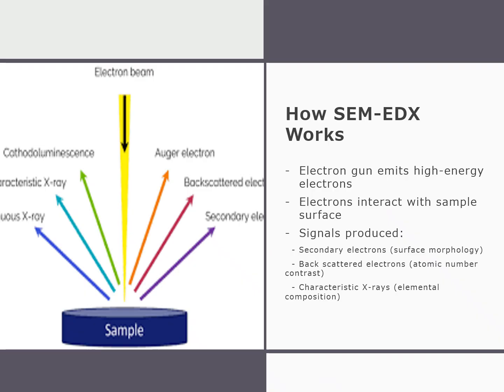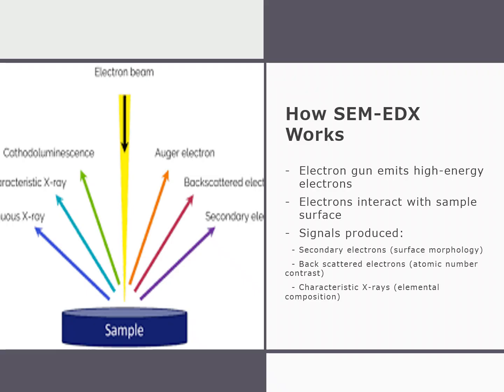How SEM-EDX works. SEM-EDX relies on the behavior of electrons interacting with the surface of a sample. A high-energy beam is fired from an electron gun and directed across the mounted specimen.